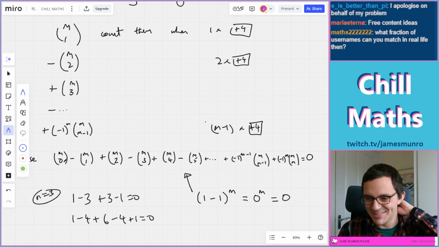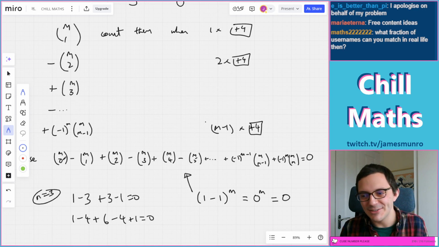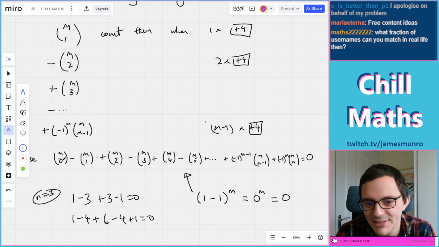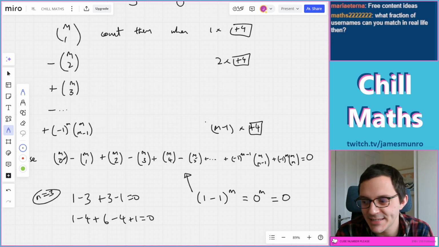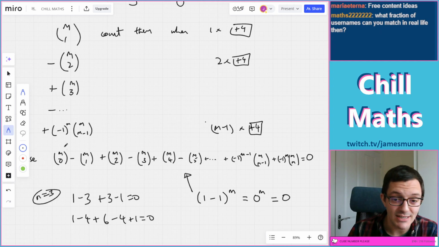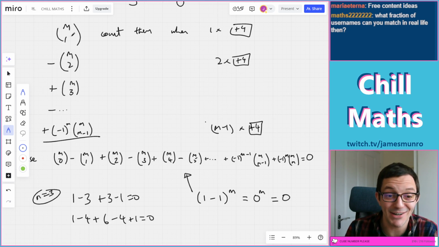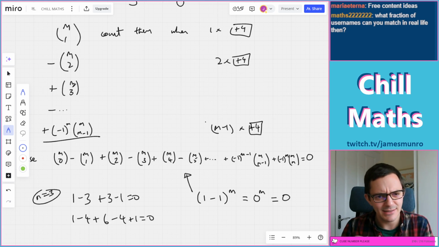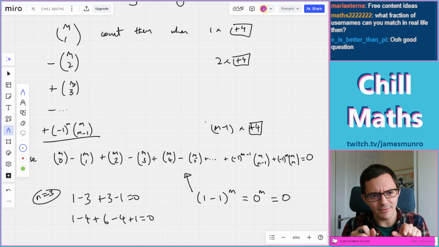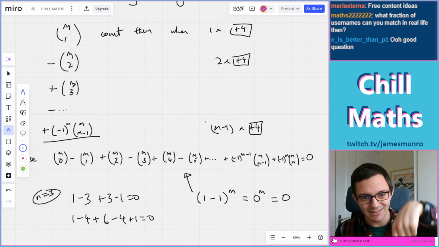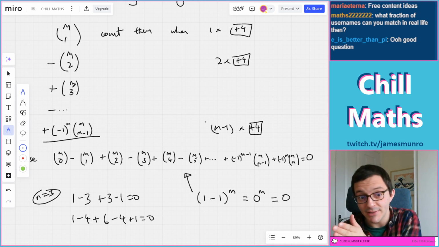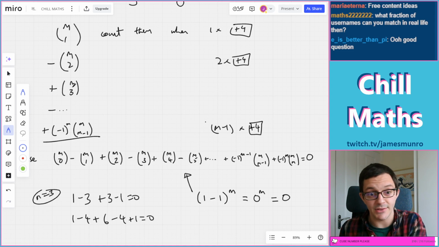Anyway, so this is kind of a joke, but you could expand this out, and you would get, oh my goodness, so much mess. But actually, weirdly, that's precisely the mess that we've got so far. We've had binomial coefficients for how many choices, how many different ways you might have done overcounting or undercounting, respectively, and they've got plus and minus signs because we've been trying to correct our over and undercounting backwards and forwards so far in the equation, and now it's time for the other sort, I think.